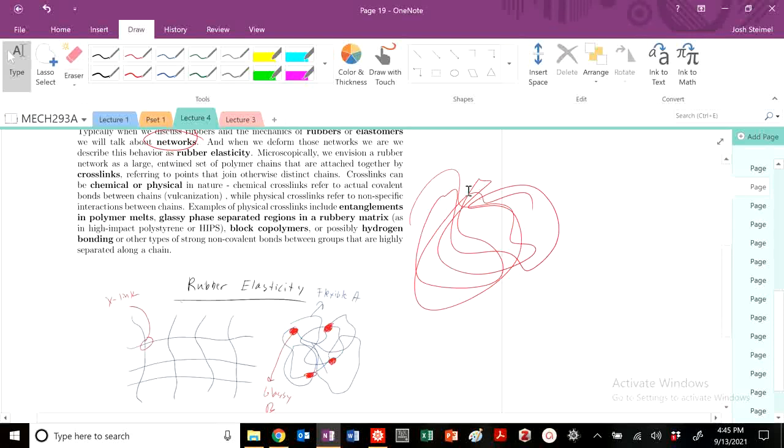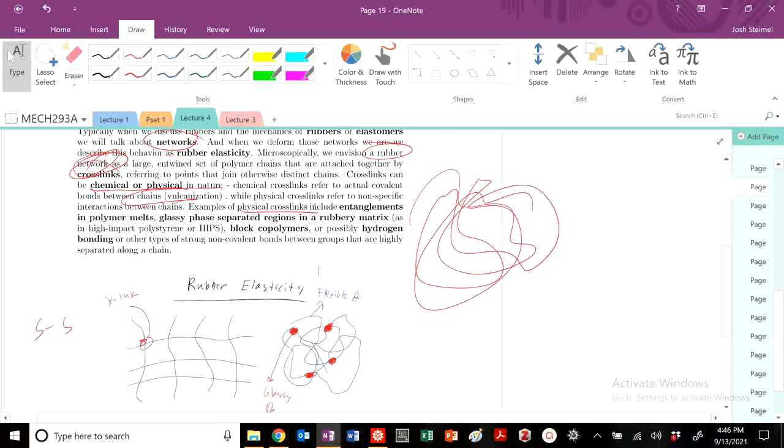So instead, you can envision rubber networks, or elastomers specifically, as a network of crosslinks, and they could be chemical or physical. You can have crosslinks that are chemical, like a disulfide bond, which is probably the most famous for rubber, essentially vulcanization. But it can also be physical entanglement.